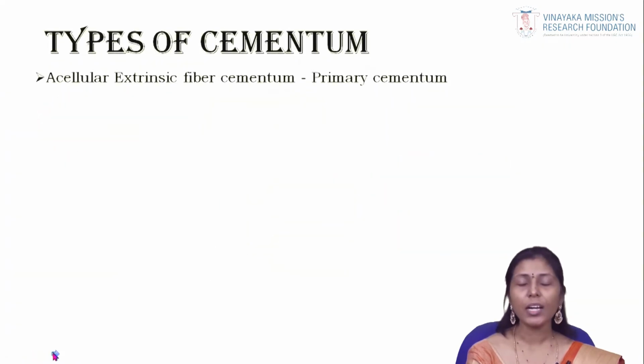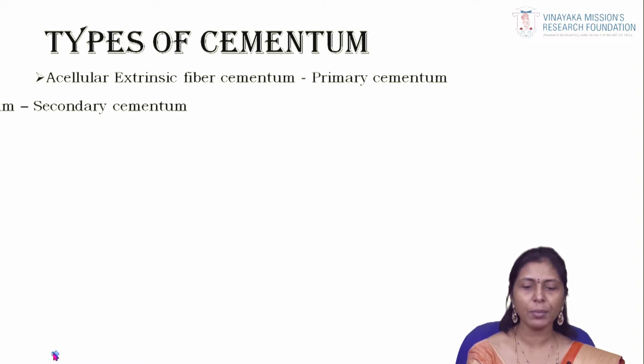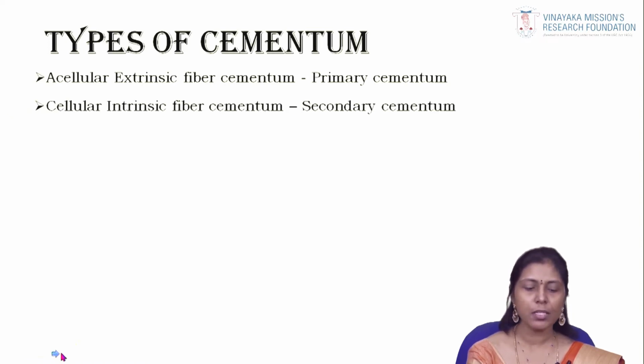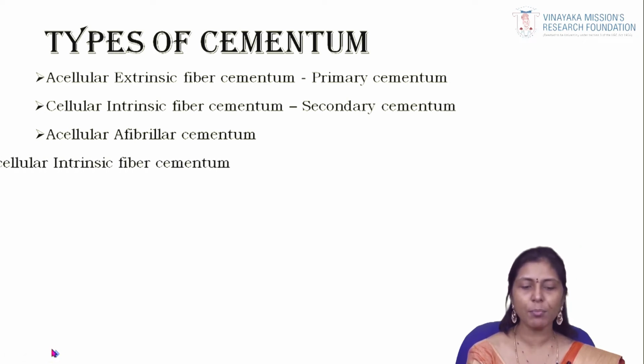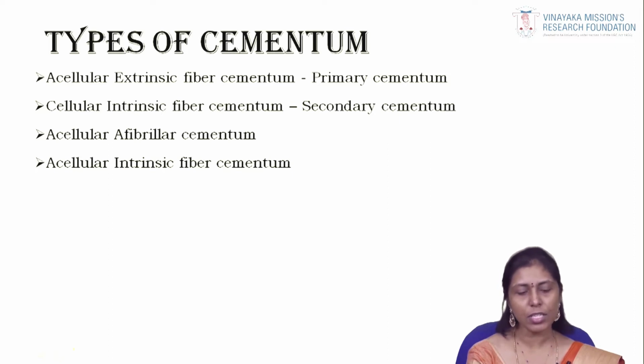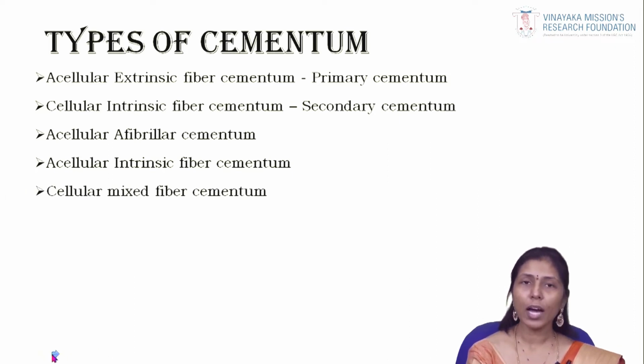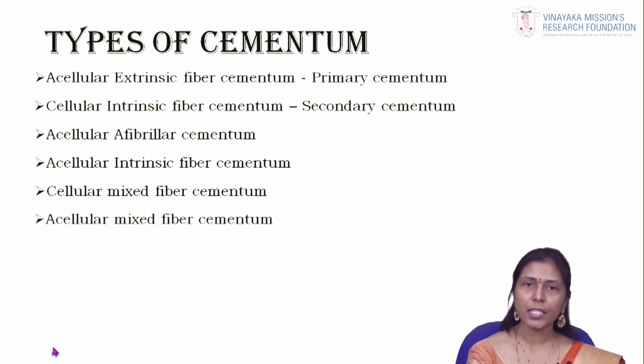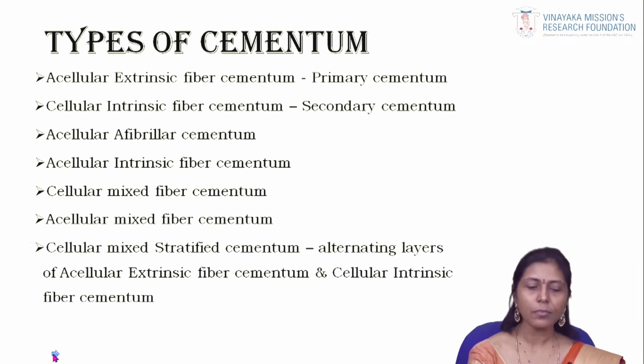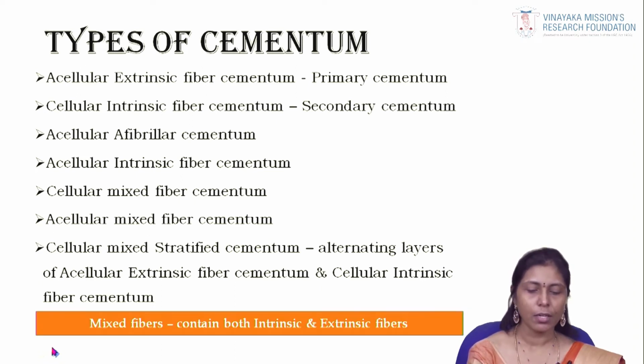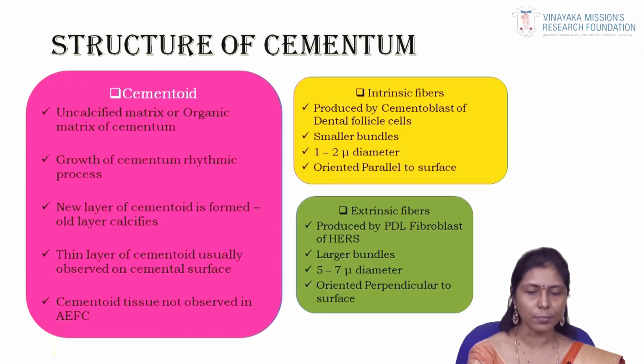The types of cementum are acellular extrinsic fiber cementum, which is the primary cementum, cellular intrinsic fiber cementum or secondary cementum, acellular afibrillar cementum, acellular intrinsic fiber cementum, cellular mixed fiber cementum, acellular mixed fiber cementum and cellular mixed stratified cementum. Here you can see alternating layers of acellular extrinsic fiber cementum and cellular intrinsic fiber cementum. Mixed fibers will contain both intrinsic and extrinsic fibers.